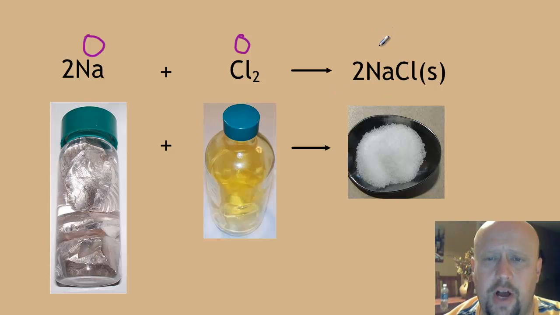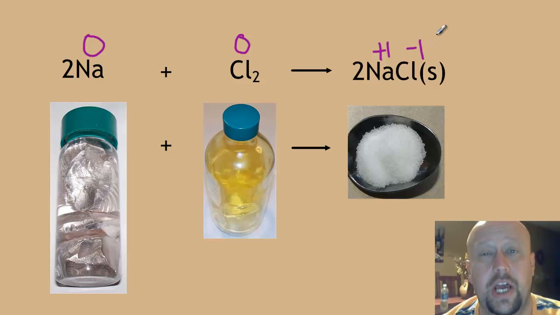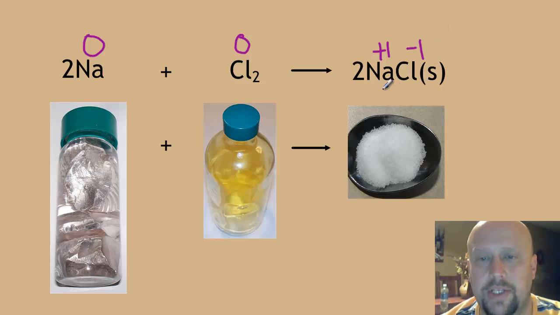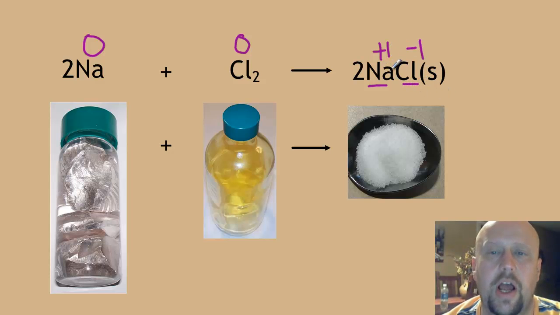On the product side, though, it's an ionic compound, and so now sodium has a +1 charge and chlorine has a -1 charge. If you remember your rules of oxidation numbers, for monatomic ions, a single atom forming an ion, which each of these individually are, its oxidation number is whatever its charge is.